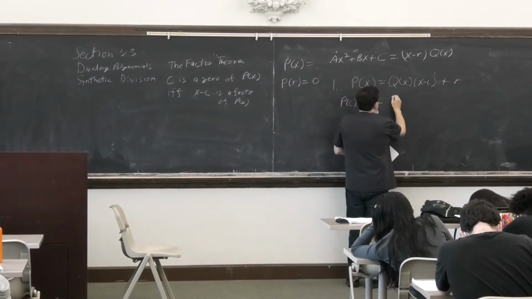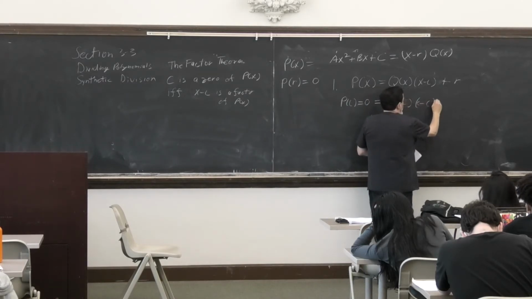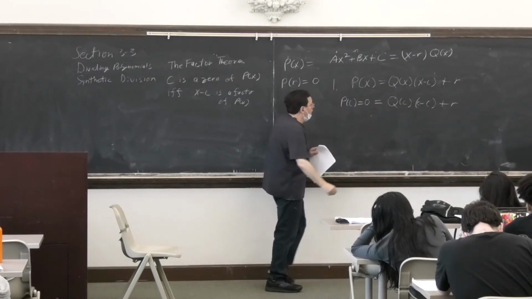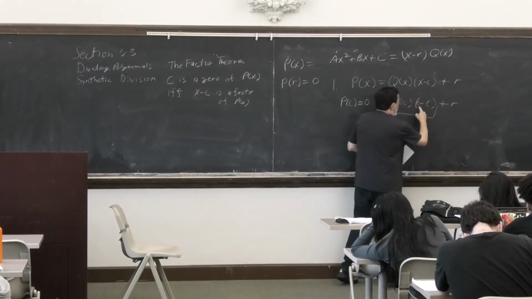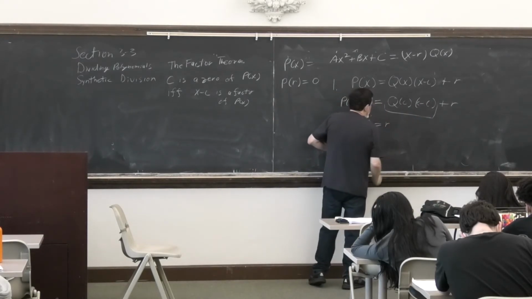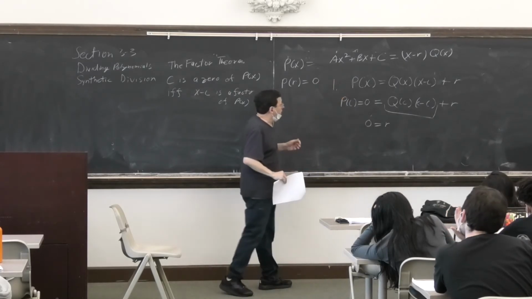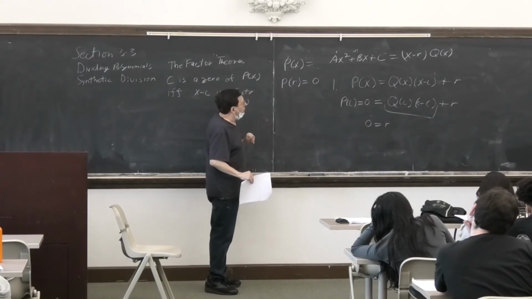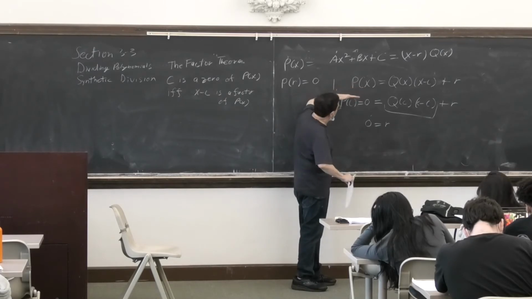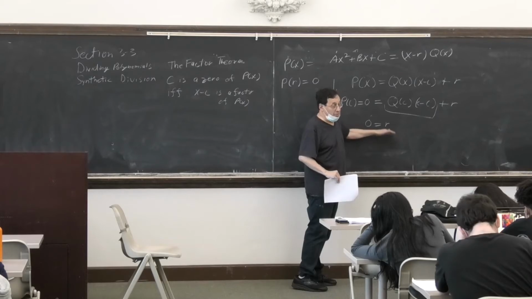Then it equals Q of C times C minus C plus R. Well, this is clearly 0, C minus C is 0. So we have 0 equals R. Since C is a 0, the remainder when you divide will be 0, which means it's a factor.